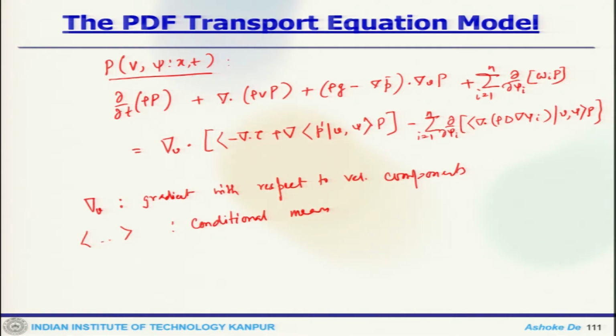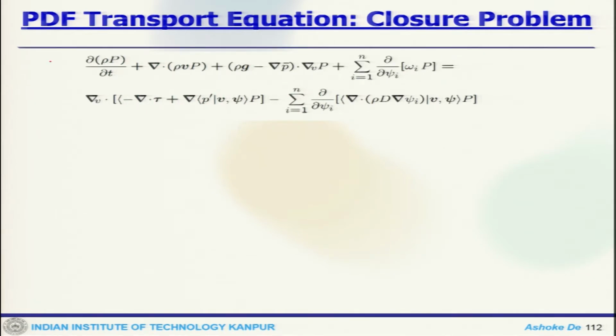So, once we have this equation, we can see this is the equation that we have written. This is the transient term, convection term, and other terms. Now, on the left hand side, the first two terms are the local change and the convection of the probability density function in physical space.